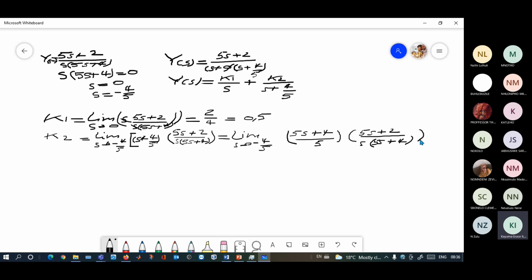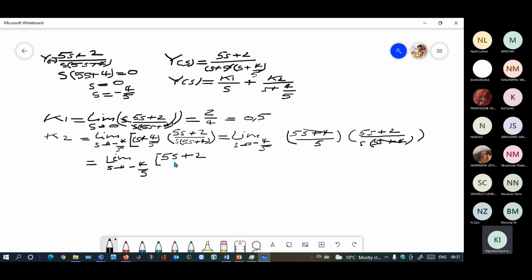Knowing that these are the same, we can simplify them. Then we have the limit of s approaching minus 4/5. Then we can open the bracket. So what are we going to have here? We'll have 5s plus 2 over 5s, because the s is going to remain there, and close this one.